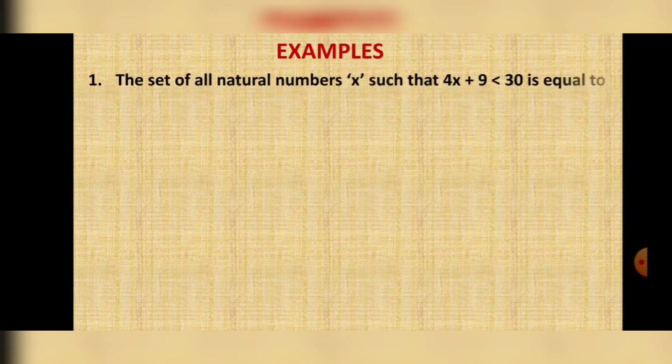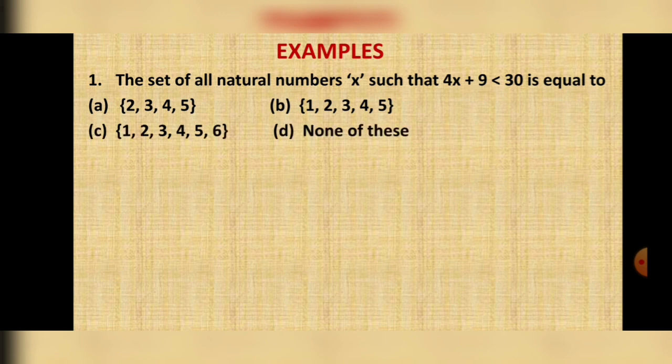Next, examples. The first example: the set of all natural numbers x such that 4x plus 9 is less than 30 is equal to option A 2, 3, 4, 5, option B 1, 2, 3, 4, 5, option C 1, 2, 3, 4, 5, 6, and option D none of these.